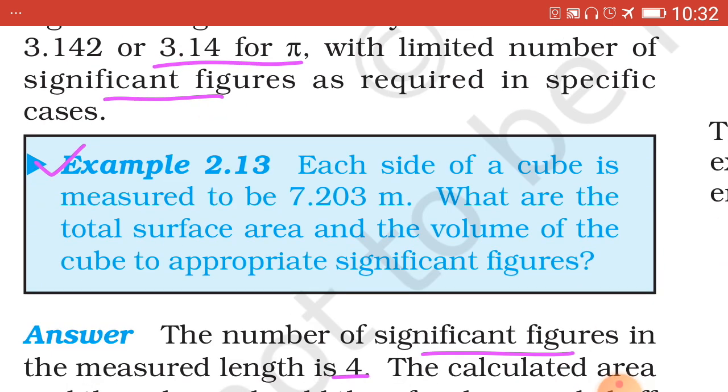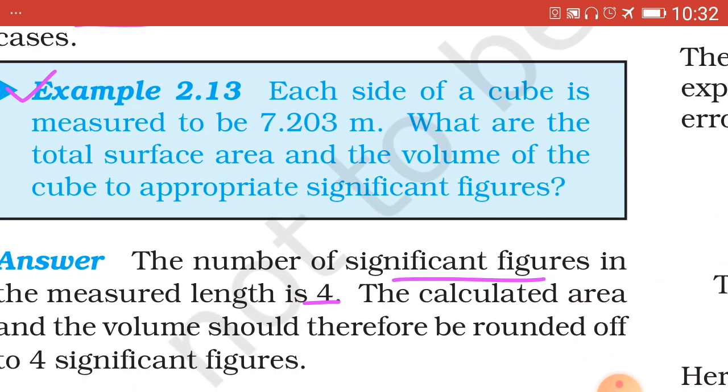Now again we consider illustrative examples based on significant figures, which will make it more clear. Example 2.13, 2 marks. Each side of a cube is measured to be 7.203 meter. What are the total surface area and the volume of the cube to appropriate significant figures?